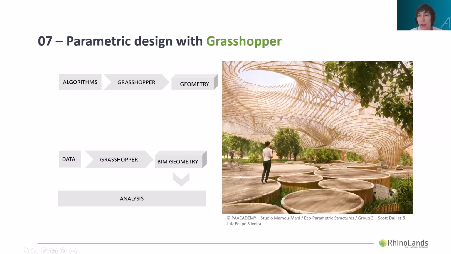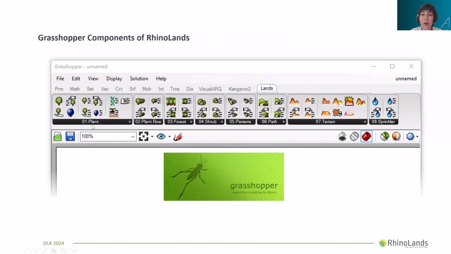We will see an example later. So these are Grasshopper components of the program. Of course, this is an advanced level. It is not necessary for everybody to know that, but in case you are working on more advanced projects, you may need to explore a little bit about Grasshopper.